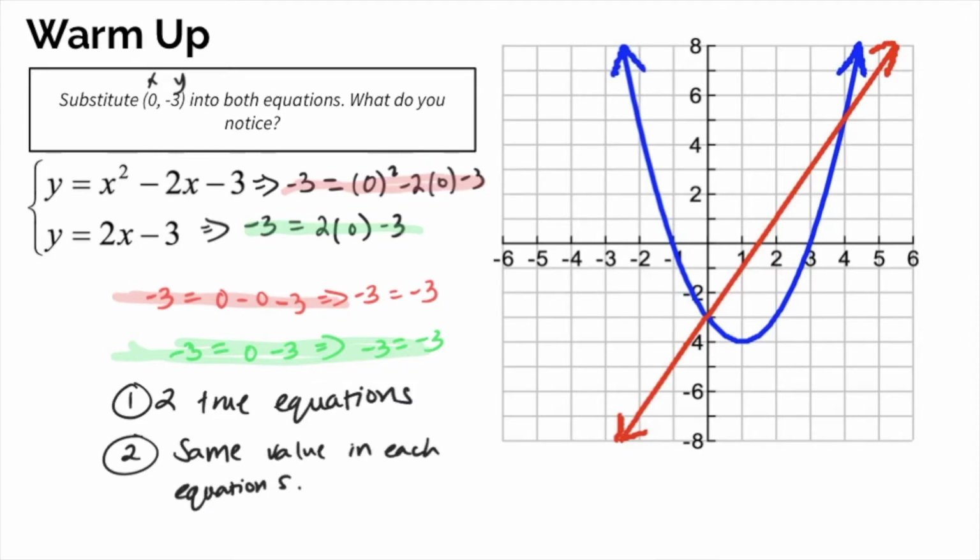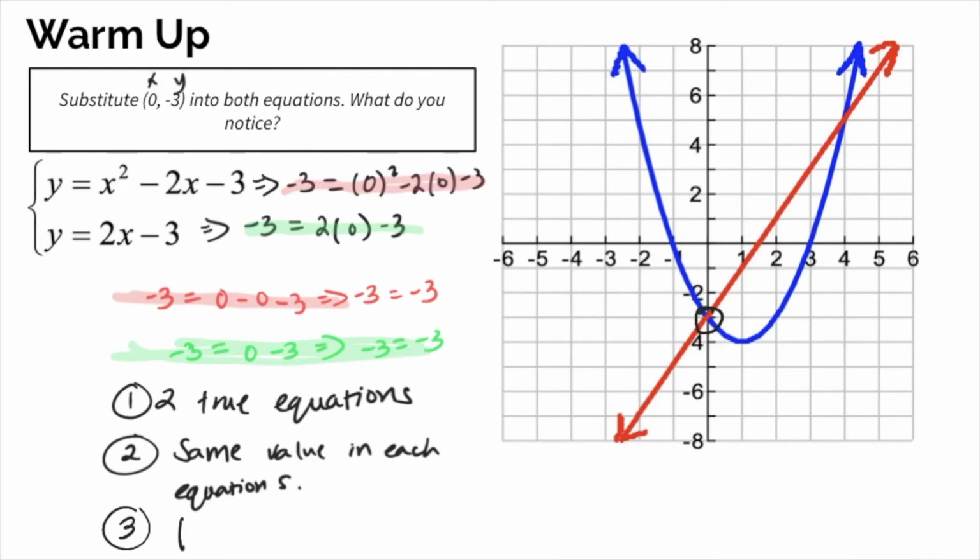Another thing that I notice is that when I look for (0, -3) on this graph over here, I see that my x is 0, my y is -3, and both of these curves or lines are actually intersecting at this point.